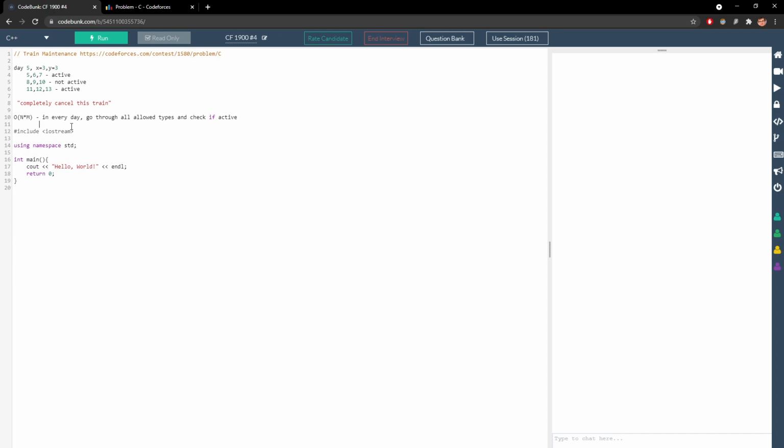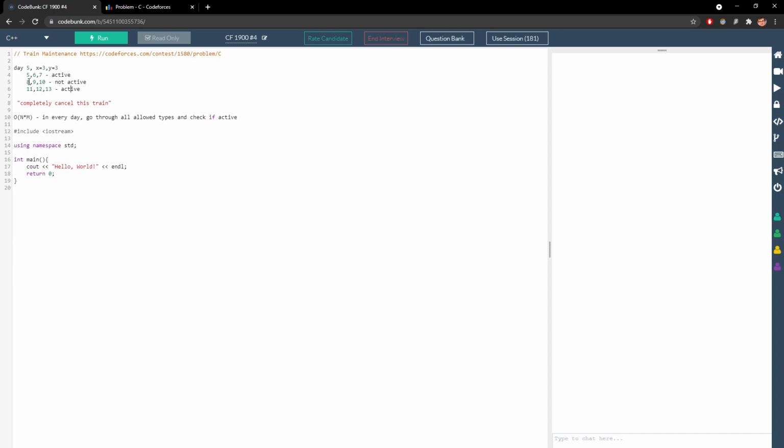For each train, whenever we add it on day t, you put an event at t plus x, which would switch its state from active to maintenance or from maintenance back. Okay, but do you need to iterate over all the multiples? No, you just do the next. You have one flag for which state you are currently in, so you know whether you need to do plus x or plus y, right?